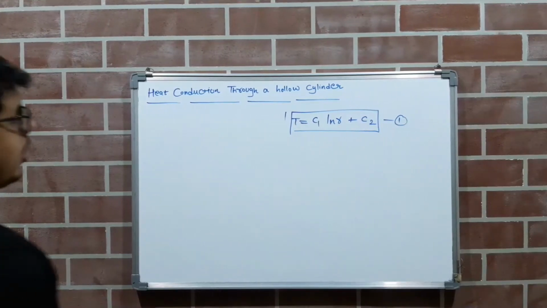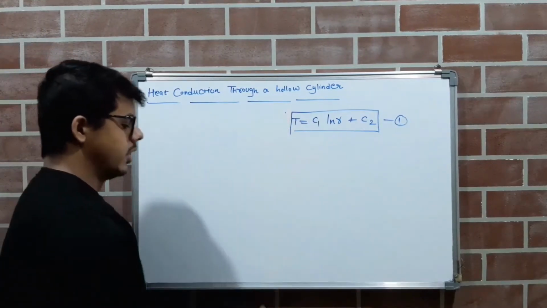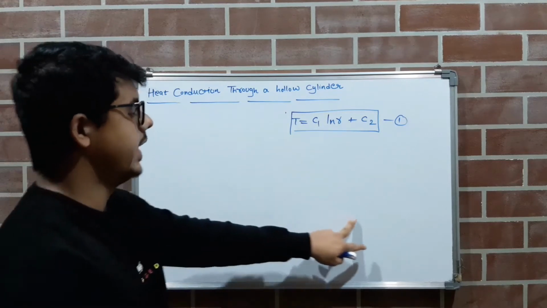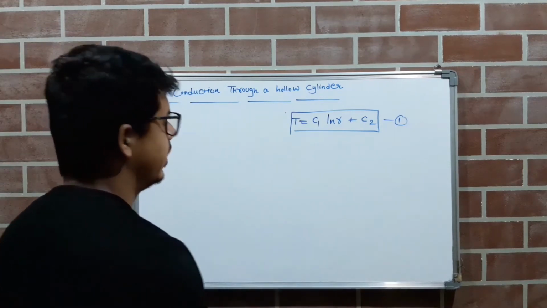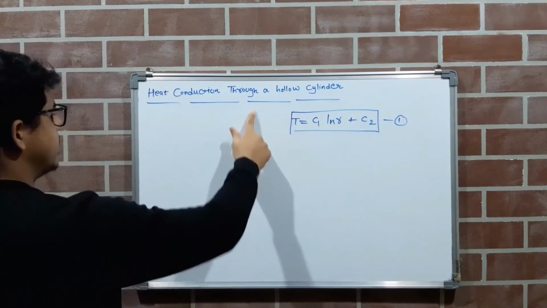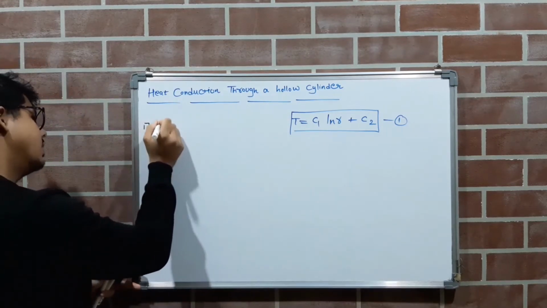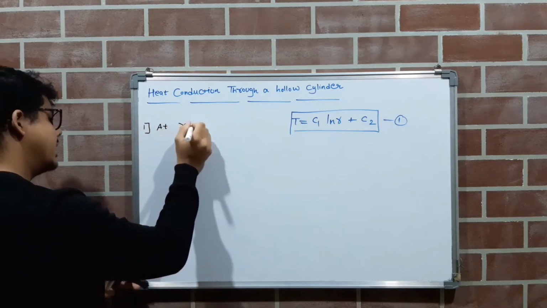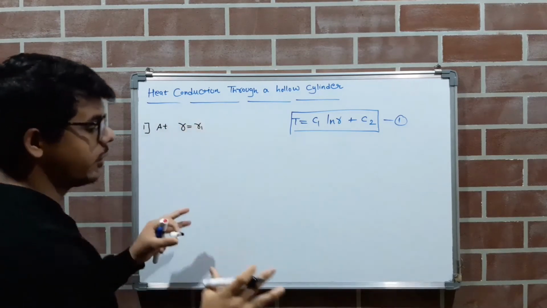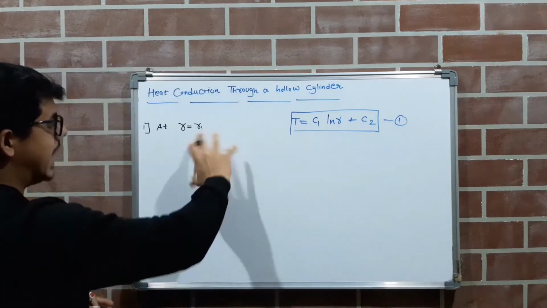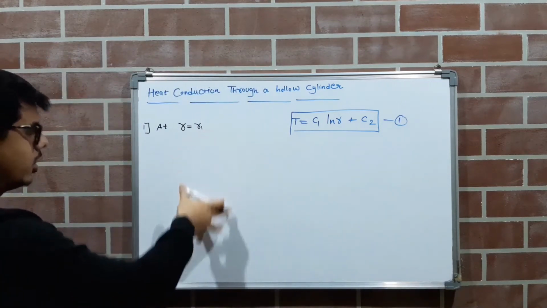So what will be the boundary conditions? Boundary means the two extreme positions of any object. So here we have an inner wall and an outer wall, and the conditions on those walls will be our boundary conditions. First we will consider at r equals r1. You can imagine that we are doing all this derivation on an elemental part of the hollow cylinder.